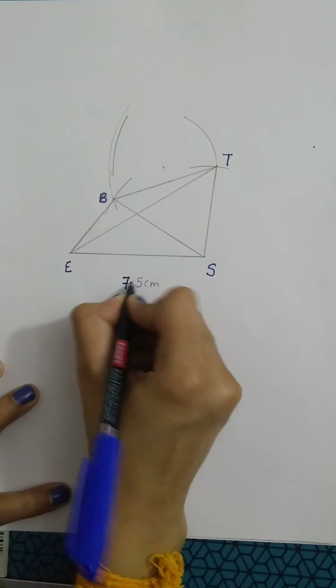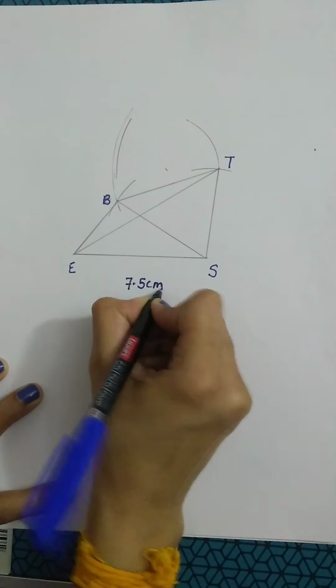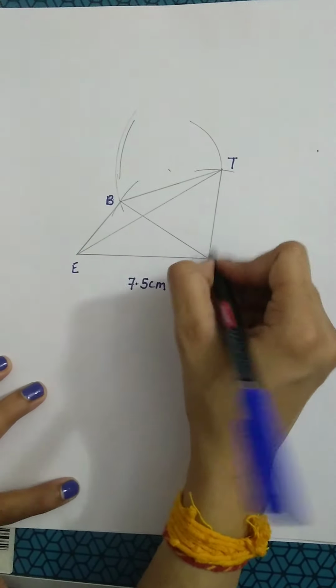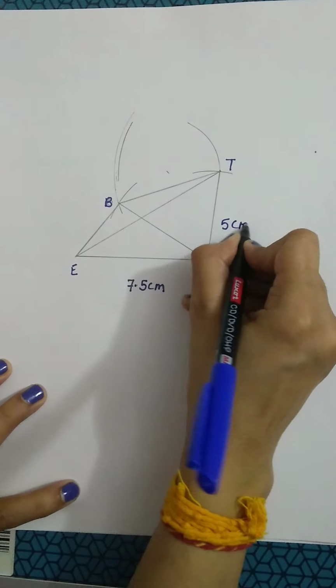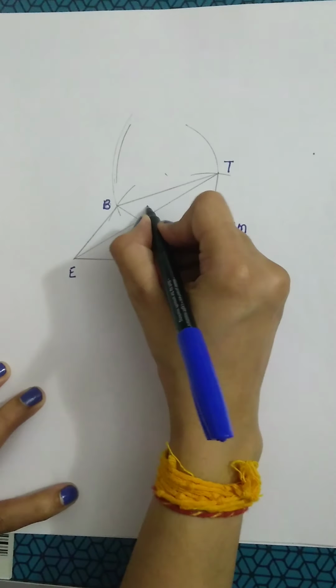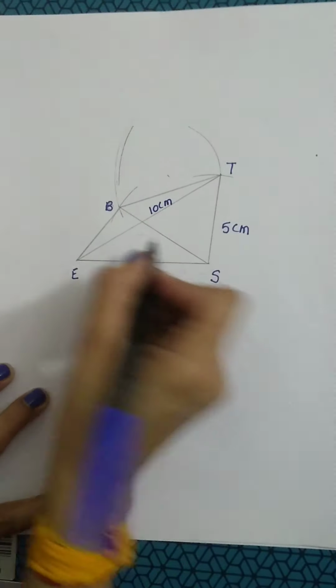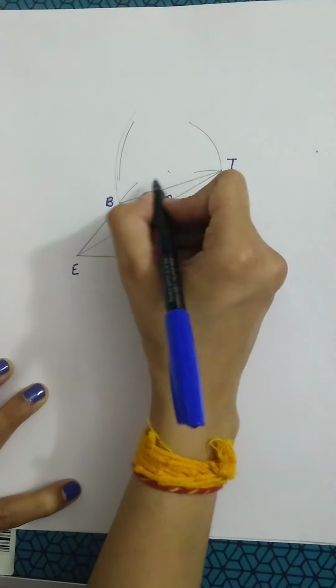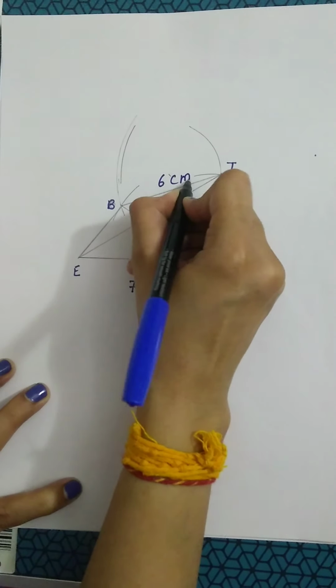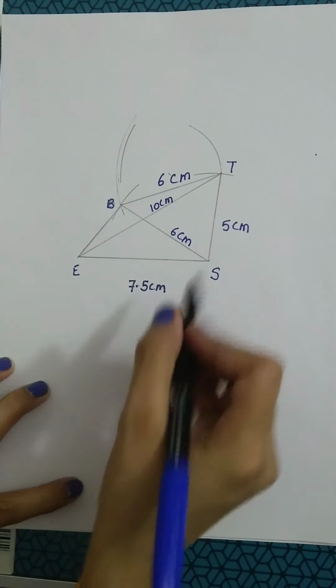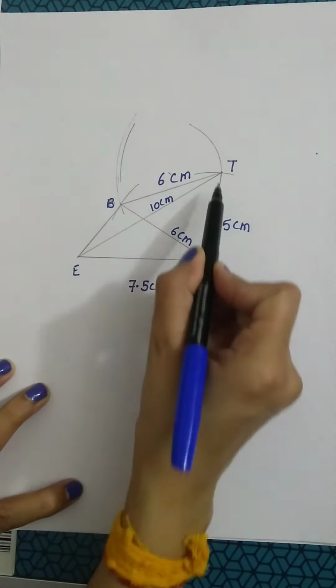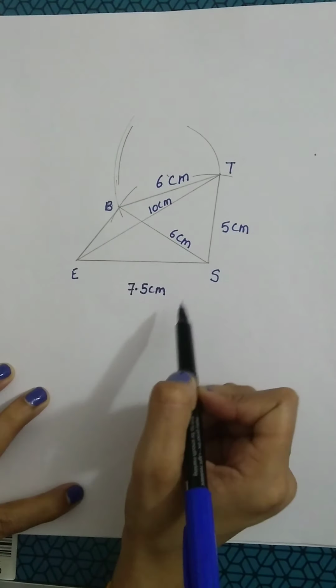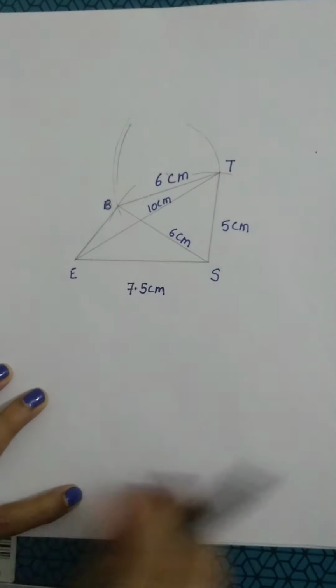This is 7.5. I'll write it again. ST is given to me 5 centimeter. ET is 10 centimeter. BS 6 centimeter. BT 6 centimeter. Okay, so now 3 sides and 2 diagonals are given and we have constructed a quadrilateral.